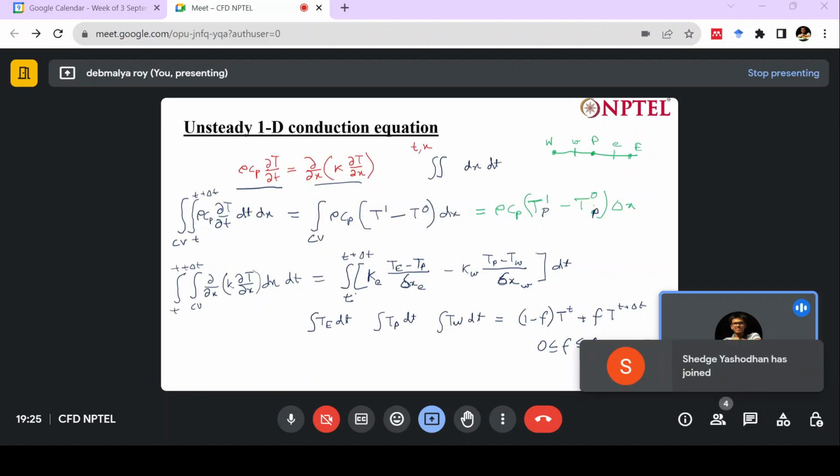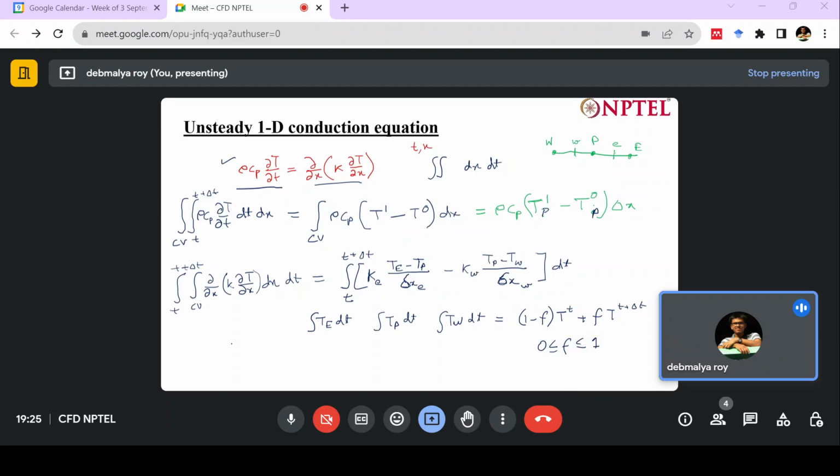Note we were developing a scheme from this unsteady conduction equation, and after simplification, this would result in our generic form, plus b.